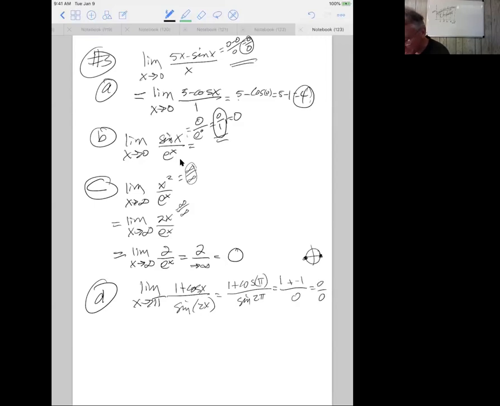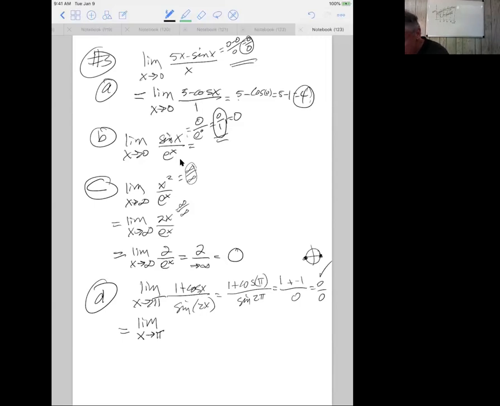That means you can use L'Hopital's rule, which means you take the derivative of the top and the bottom. Also, the limit is an important part of the answer. That's got to follow along. The derivative of 1, several of you put 1 here, is 0. The derivative of cos is negative sine. The minus sign was wonderful.